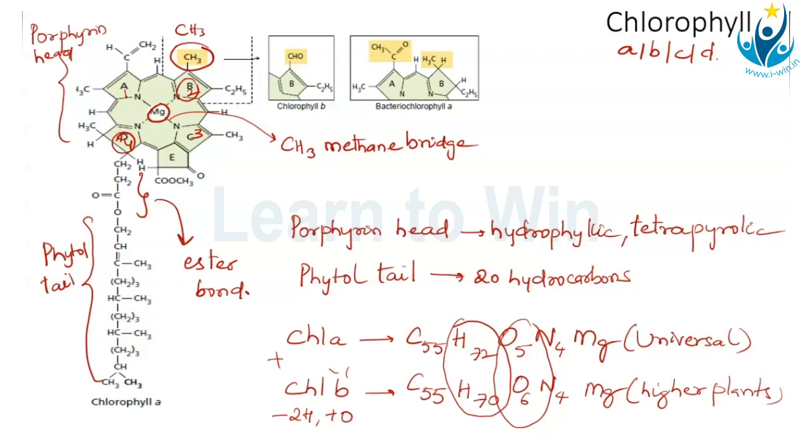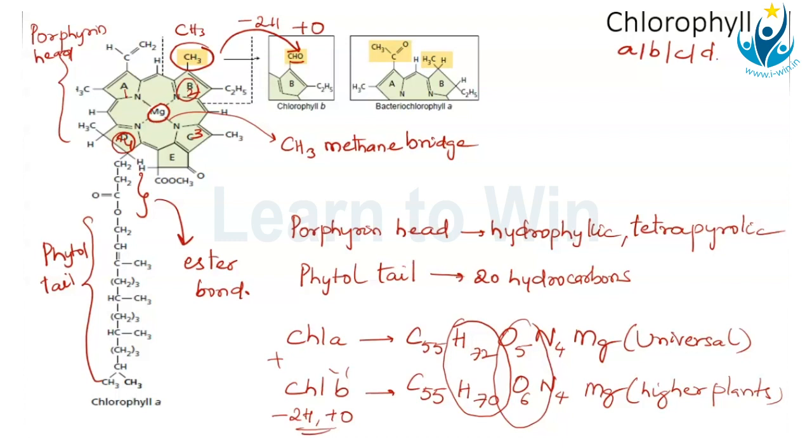If that position is changed and you are adding CHO, then it becomes chlorophyll B. If chlorophyll A becomes chlorophyll B, that means CHO is getting added, so you're adding one oxygen and losing two hydrogens that are a part of CH3. So that explains the difference.